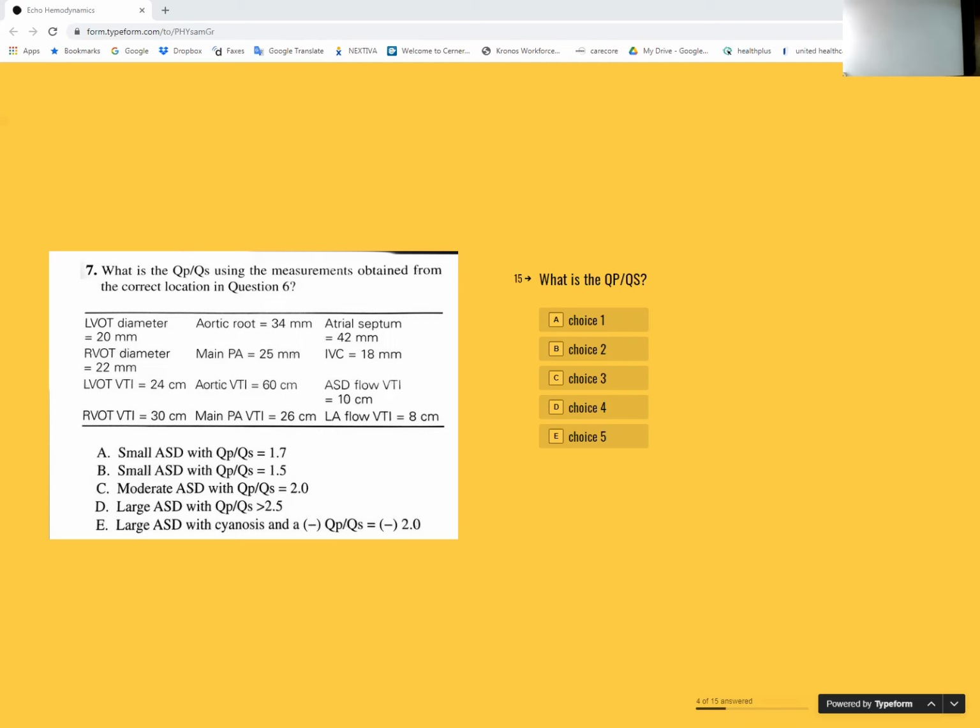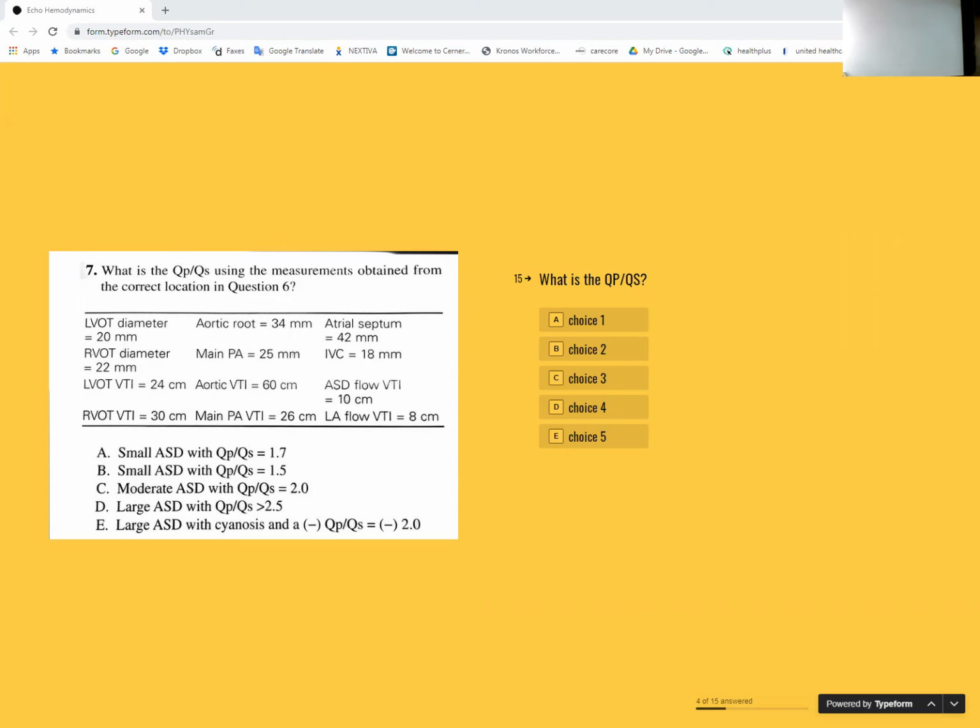But this book, and there's a reason this book only got like 2 stars on Amazon, because the questions are out there, man. They didn't want you to use the RVOT, which is the way I've always learned. In this case, they argue that since you have the main PA, you should use that because it's more easily measured and it's more round, versus the RVOT, which is very rarely round. It's more of an ellipse. It's less accurate.